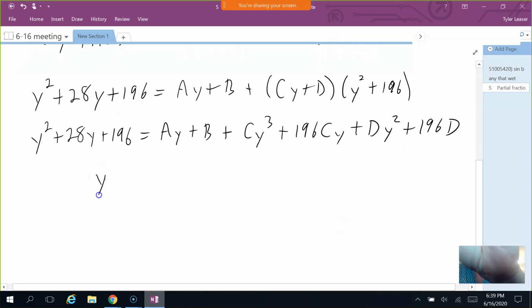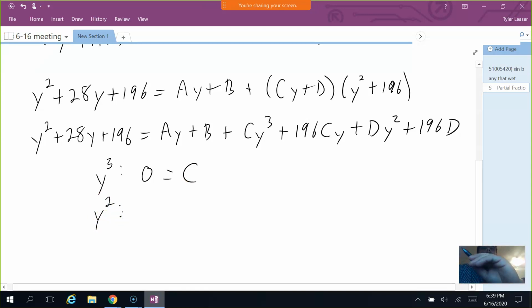So what I mean by that is that we have some y cubes floating around. On the left-hand side of the equation, I don't have any y cubes. On the right-hand side of the equation, I only have a cy cubed. Those coefficients have to match, so what we get for free is that c has to be 0.